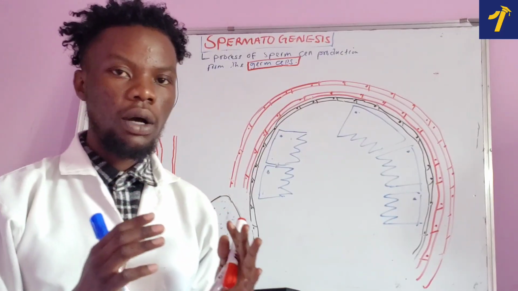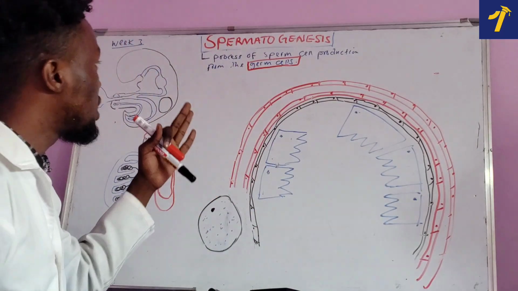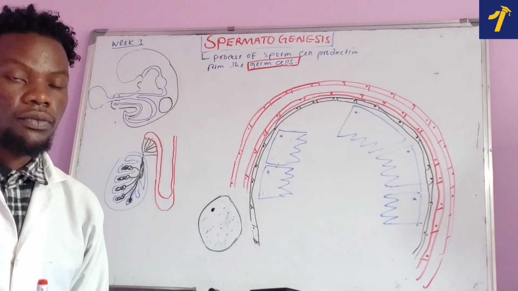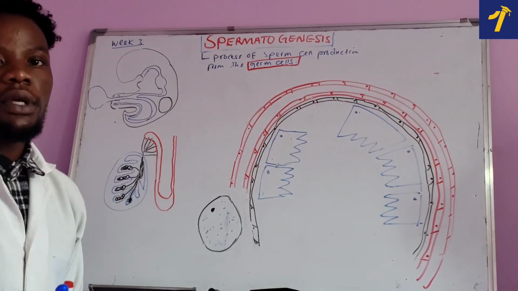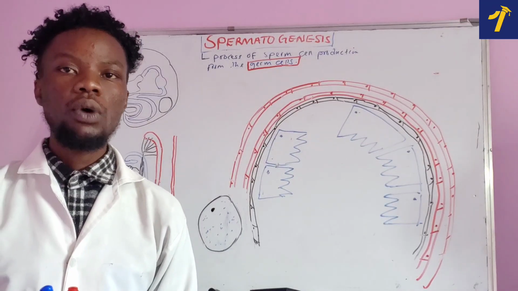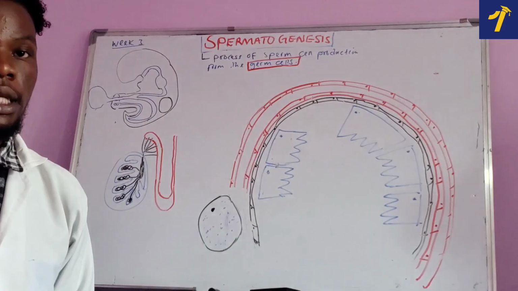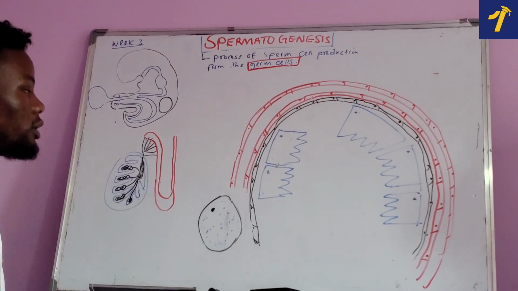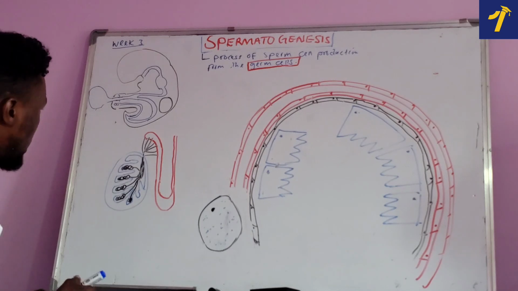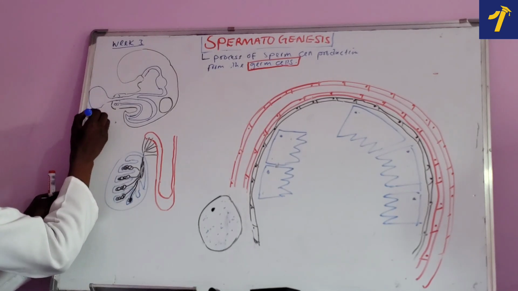So that's when the important organ that we need to discuss under spermatogenesis develops. No wonder we need to start from week 3. So now this is week 3 of the fetal life. We need to understand important structures of the fetus in week 3 so that it can help us to understand the germ cells. Let us look at this structure. This structure is what we call the yolk sac.